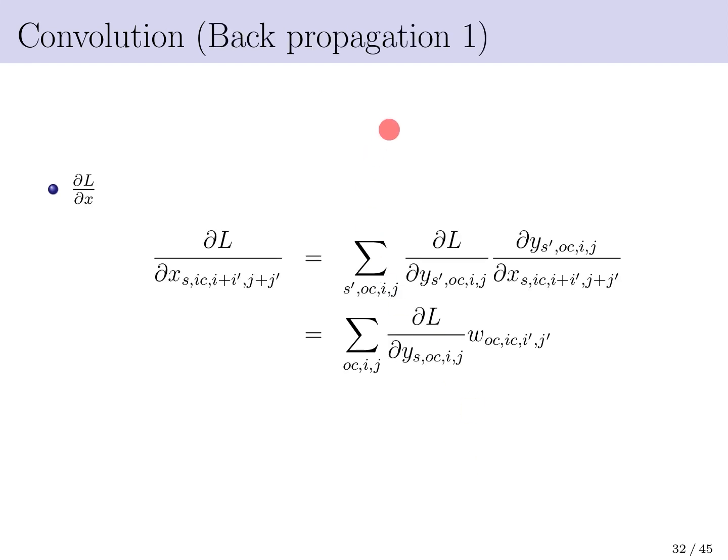So the main thing now is how you do the back propagation. So recall that the back propagation is essentially about obtaining the gradient of the loss with respect to the input to the layer, given that you already obtained the gradient of the loss with respect to the output y of the layer.